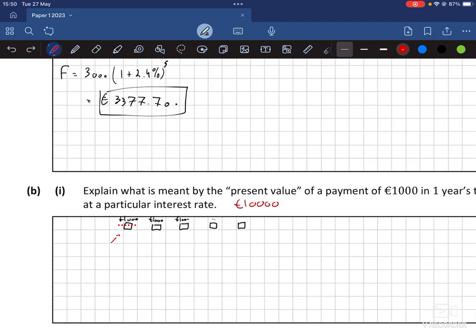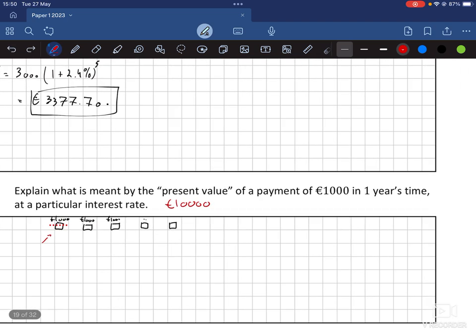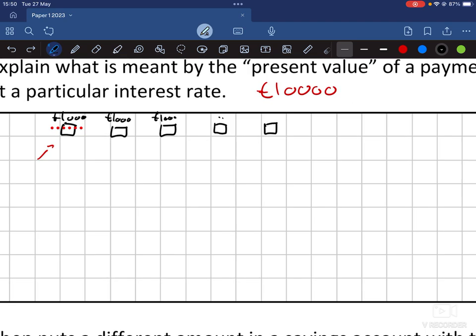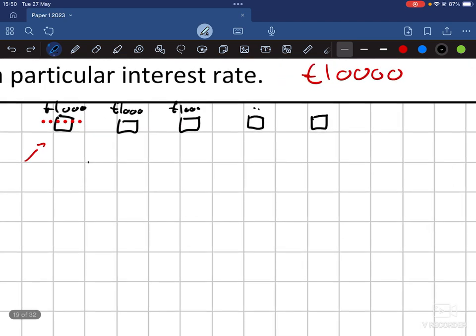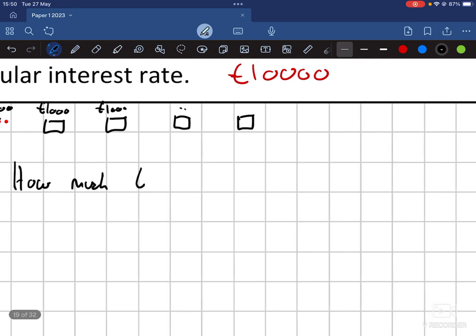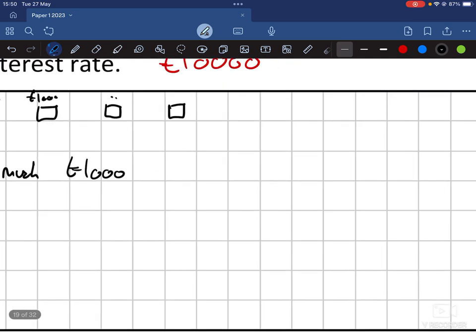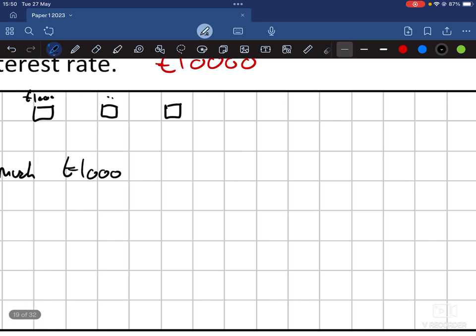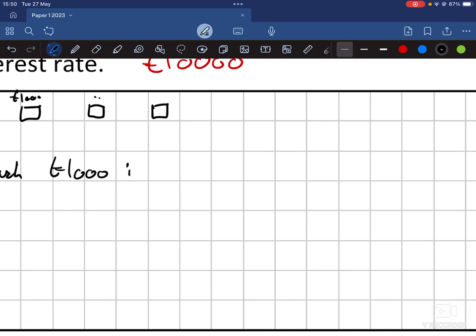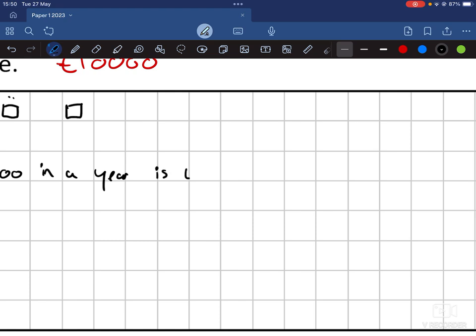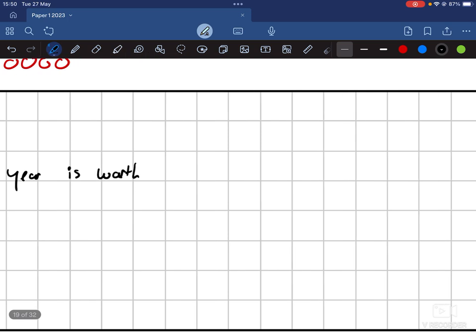So basically, if we were to say what the present value is, it's essentially just how much €1,000 in a year is worth in today's money.